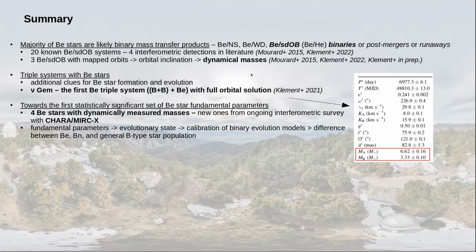So we need to be within 1 kiloparsec for these typical periods, because the BE subdwarf binaries have periods of under a year, definitely. If it was beyond 1 kiloparsec, we would not resolve the astrometric orbit, not even with CHARA.